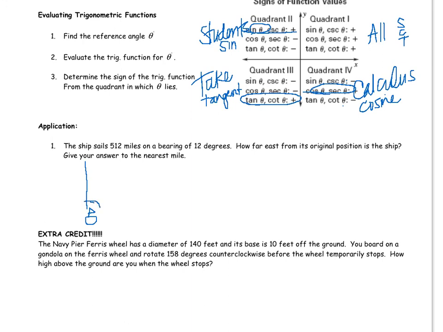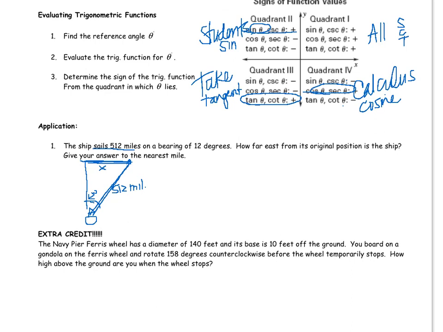They end up shifting off course a certain degree, in this case 12 degrees. And they actually did travel 512 miles. So the question is, once they go 512 miles, how far east, how far off course are they from the original position, which we call x?